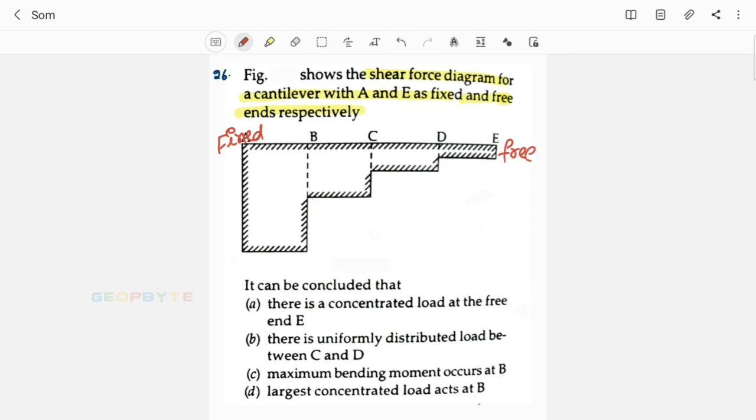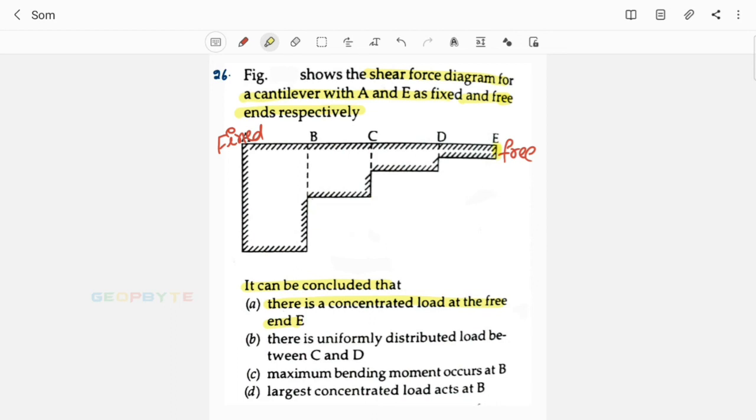Okay. It can be concluded that there is a concentrated load at the free end E. Absolutely correct. There might be a concentrated load at E.